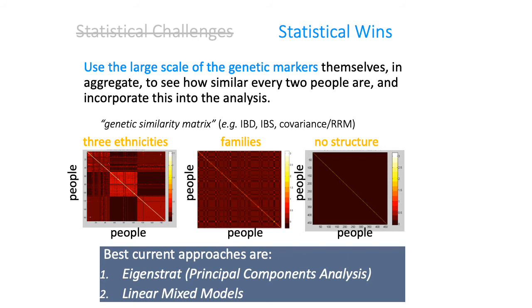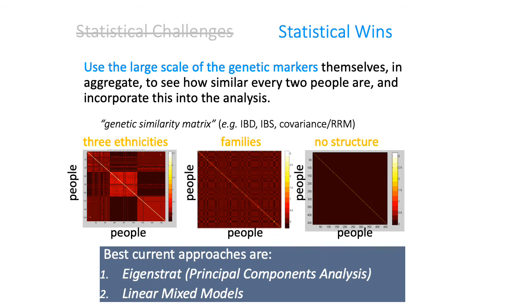But then the structure of these heat maps starts to look more and more interesting depending on the structure of your cohort. If, for example, you were looking at a cohort with three broadly related groups of individuals, say three ethnicities, like Europeans, Africans, and Latinos, then you would generally see three largish blocks on the diagonal.